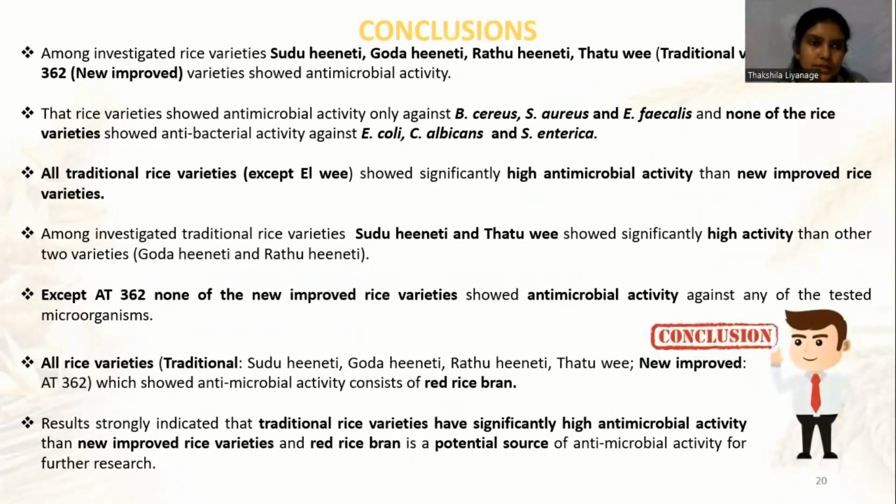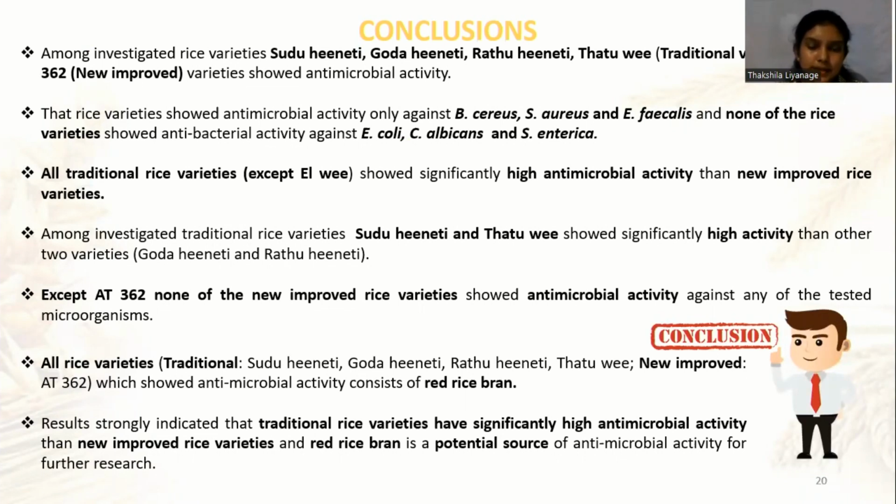As the conclusion, among the investigated rice varieties, Sudhuhinati, Godahinati, Ratuhinati, Tatuvi, and 8362 showed antimicrobial activity. These rice varieties showed antimicrobial activity only against Bacillus cereus, Staphylococcus aureus, and Enterococcus faecalis.